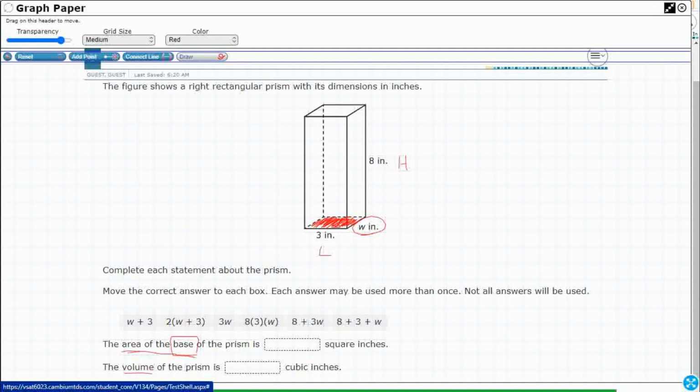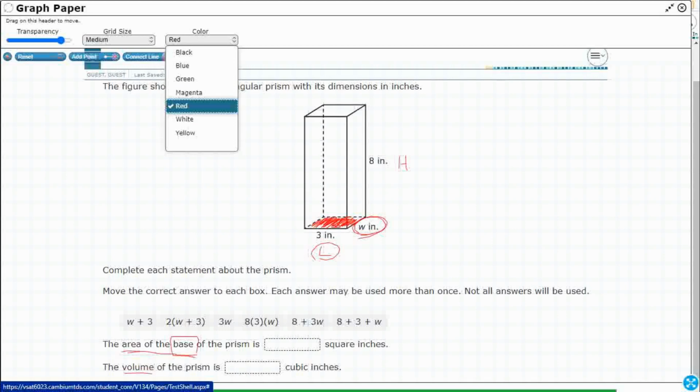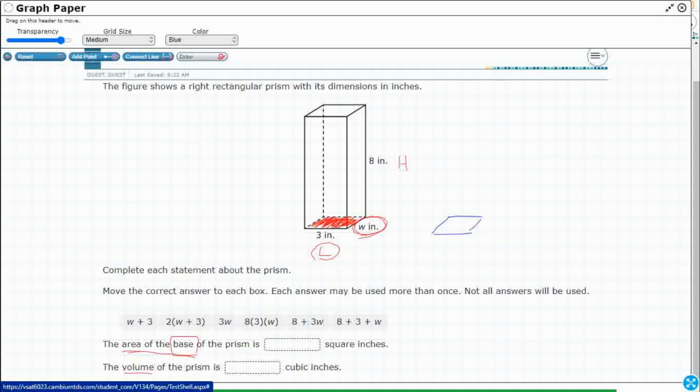But here's the interesting thing. They give us a length and a width. So we start interchanging different terms, and it can be confusing. So let me draw that base over here. All right, so I'm just going to draw it in a different color, and I'm just going to bring it outside of our rectangular prism.